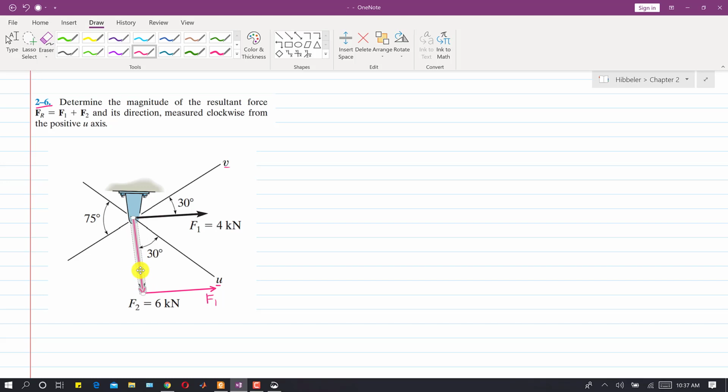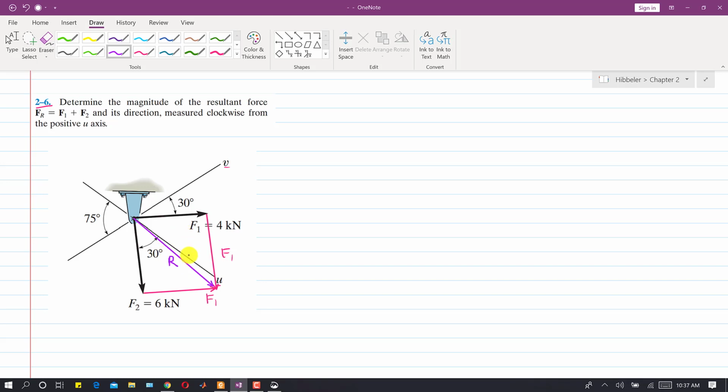I have to move this and place its tail on the head of F1, right? So then this is F1. So this will be the resultant. By the head to tail rule, we have to draw this resultant directed from the tail of the first vector to the head of the last vector, right? So this is the resultant.